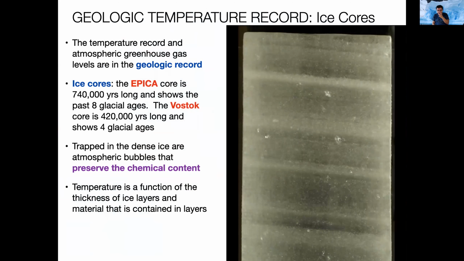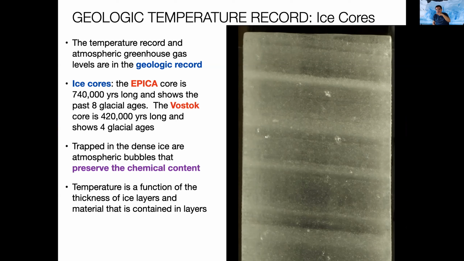Here's a close-up picture of one of these cores. If you look, all of that speckle that you can see in the surface of the ice there, those are actually air pockets deep down in the ice that are maintained. The striations that you can see, that is the layering of the ice.